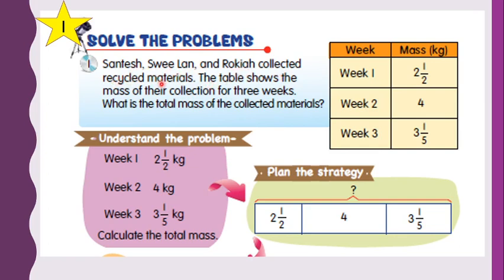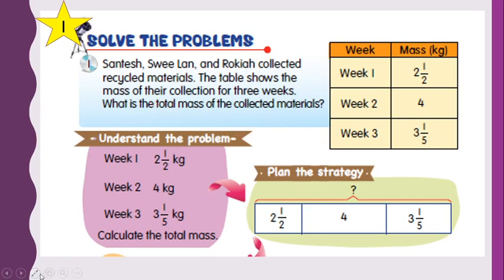Okay, they collected recycled material for 3 weeks, and this is the mass of the collected material for 3 weeks. The first week they got 1/2 kilogram, second week 4 kilogram, third week 1/5 kilogram. So this is the information given.